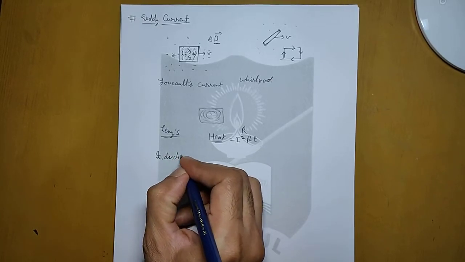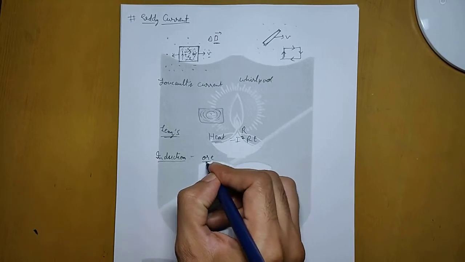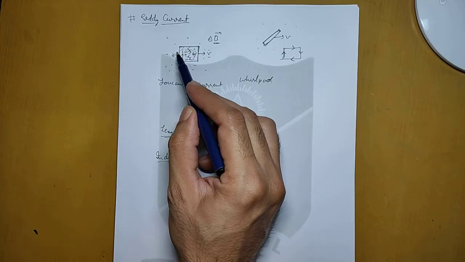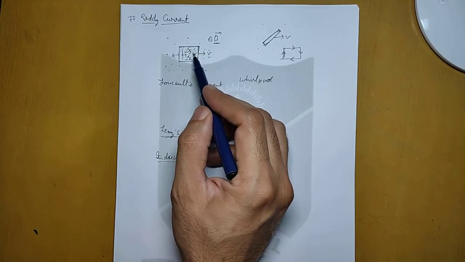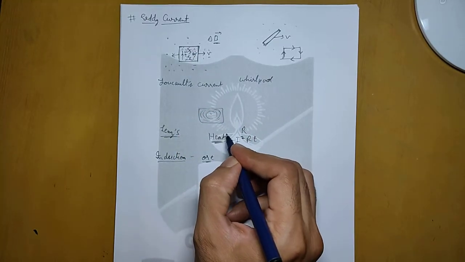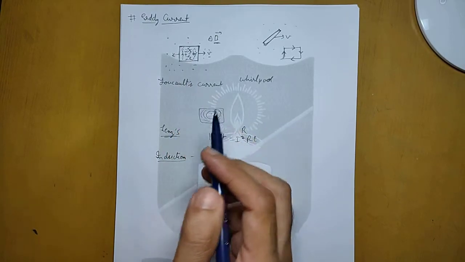In an induction furnace, a metal ore from which we extract pure metal is placed inside a high strength varying magnetic field. Then eddy current is generated, and because of that, a large amount of heat is generated, the ore is melted and the pure metal can be refined.